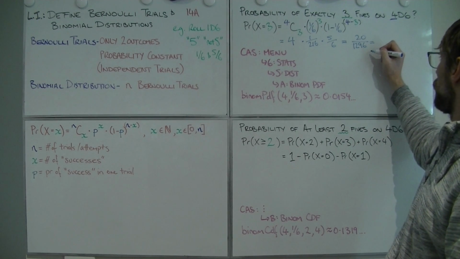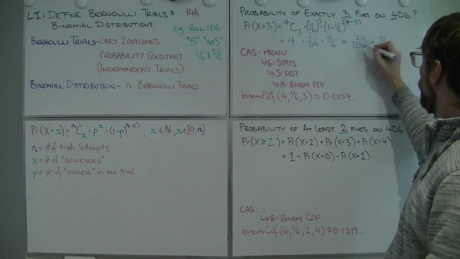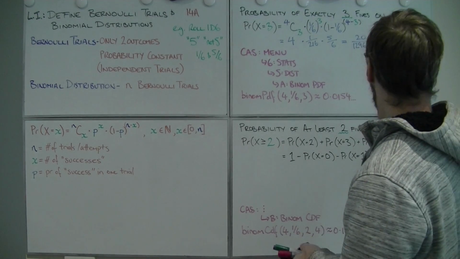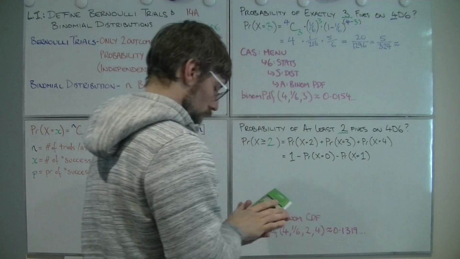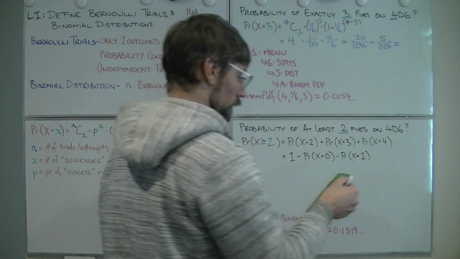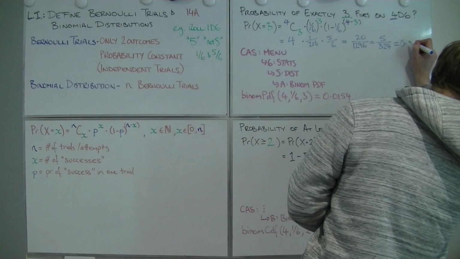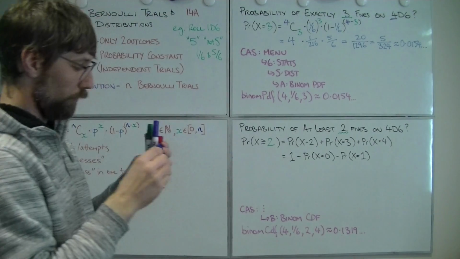Which equals what? I can divide by 4. Gives me 324, done. Which, if we change it to a decimal, divided by 324 is roughly 0.0154, something, something, something. Beautiful.